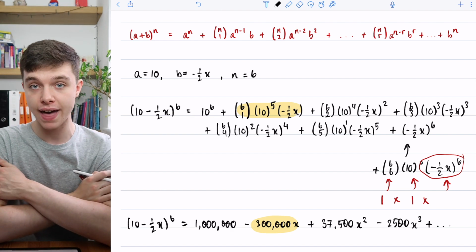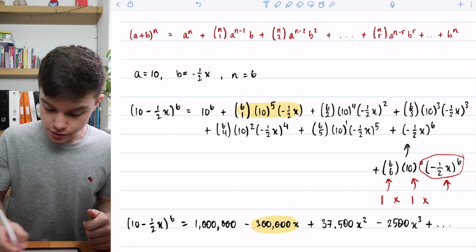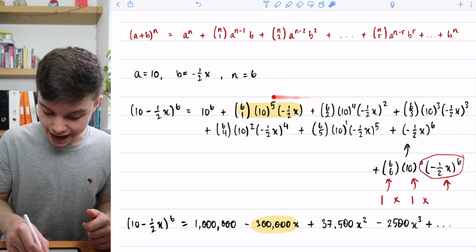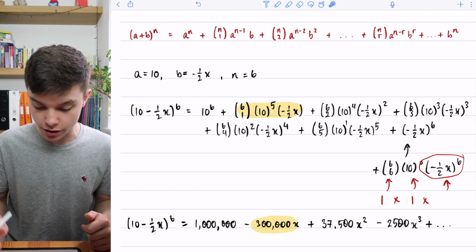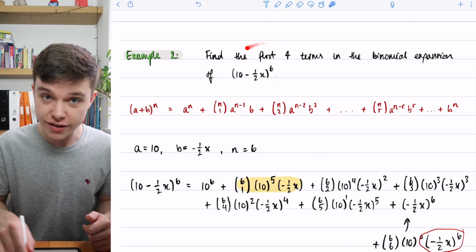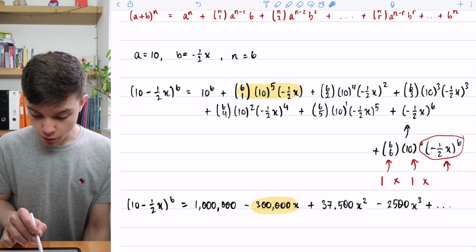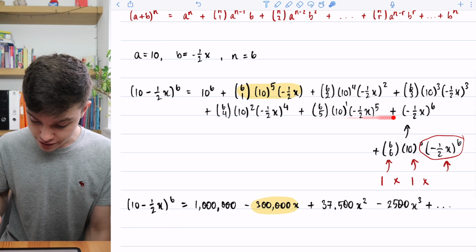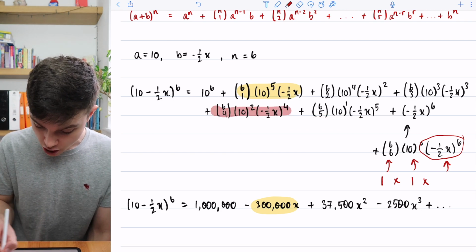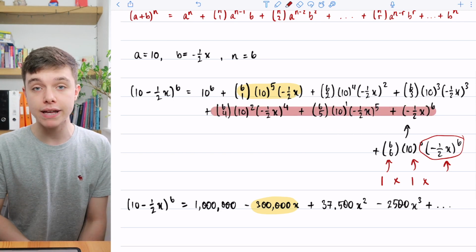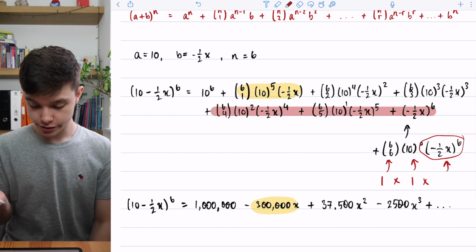Now, I'm going to stop there because this was the full expansion. And really, I didn't need to do the full expansion because all it asked me to do was the first 4 terms. So in my calculation, I don't really want to waste time doing these three here. I'll put those in red. We don't really want those three red ones because they are not the first four terms.